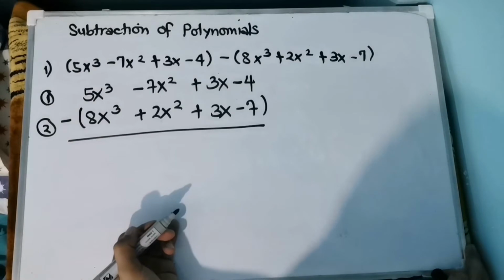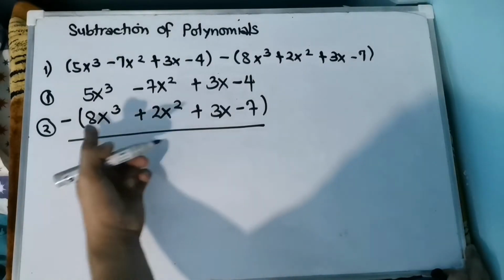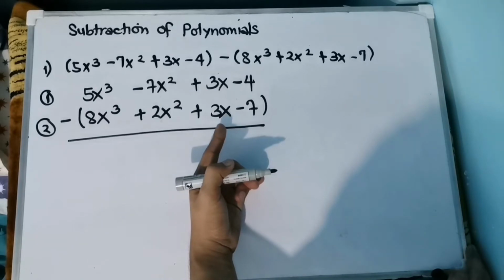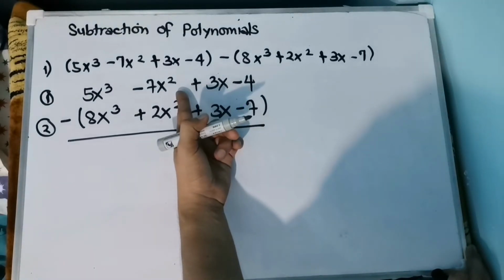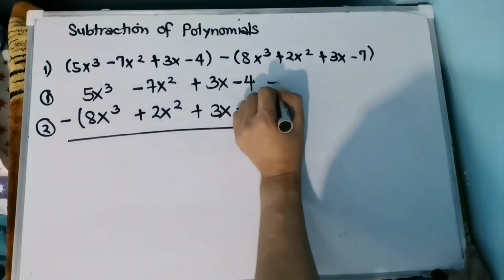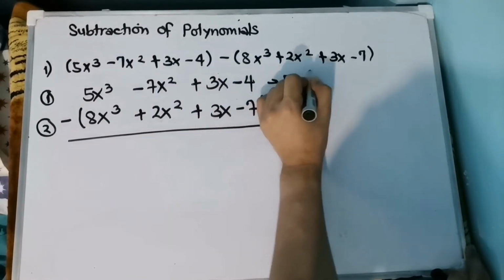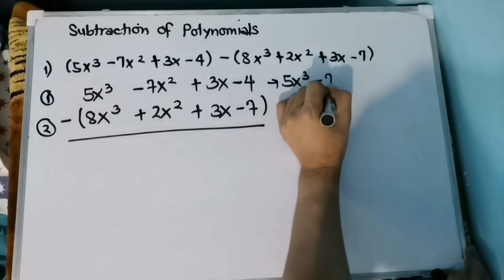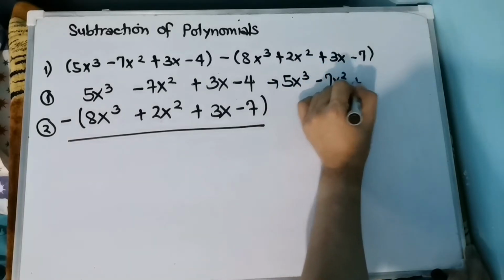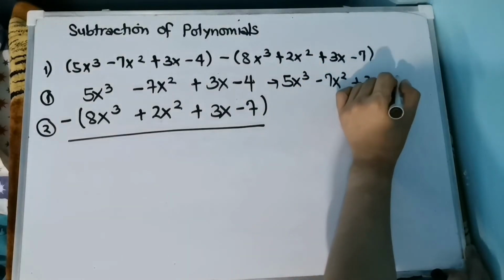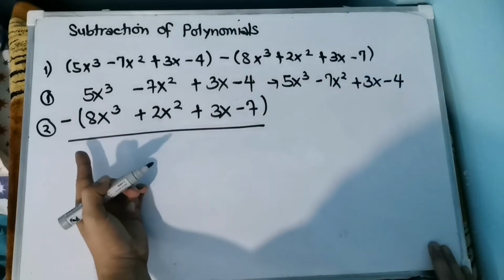Now, when we subtract, we need to change all the signs so we can proceed to addition. So, we copy our minuend, 5x cubed minus 7x squared plus 3x minus 4. And then it becomes addition.